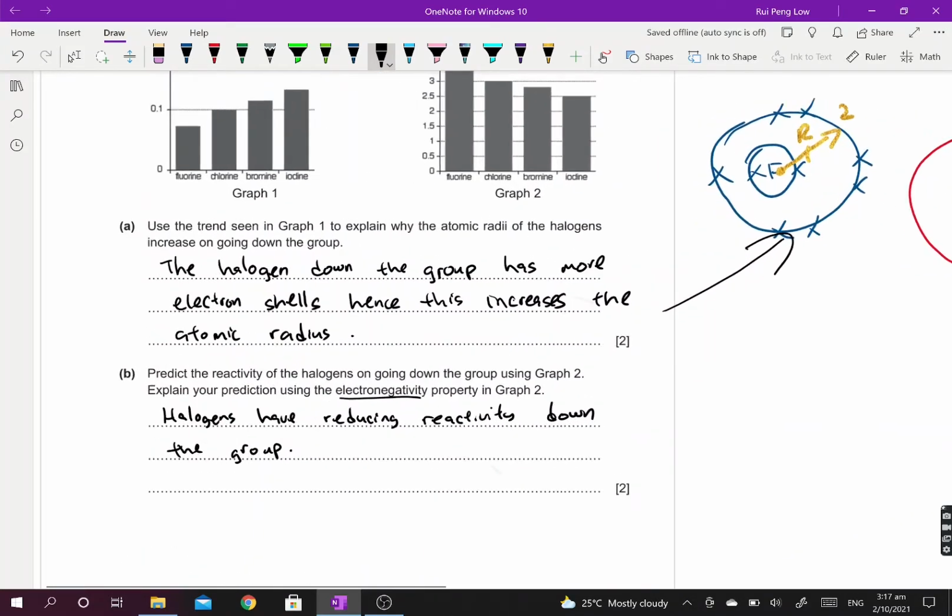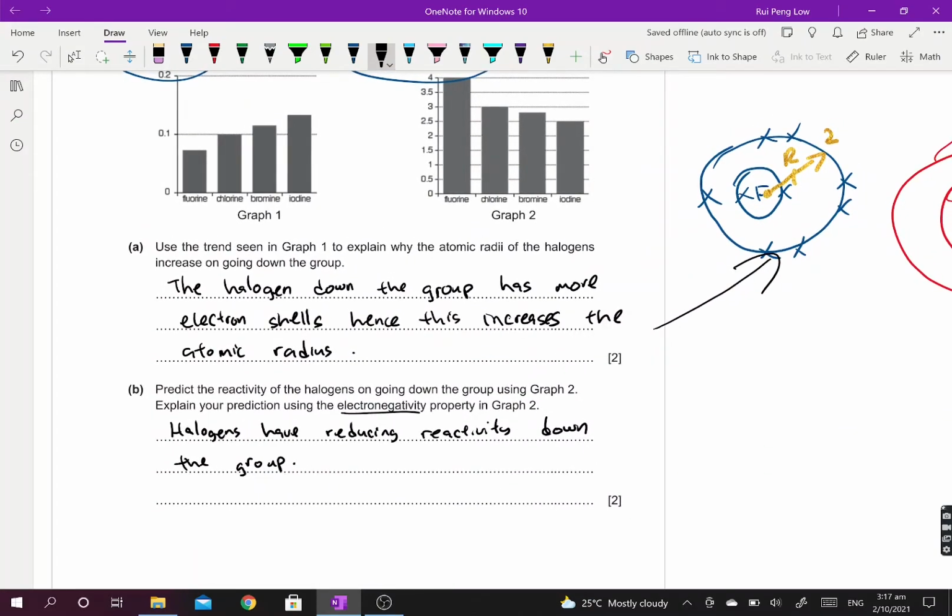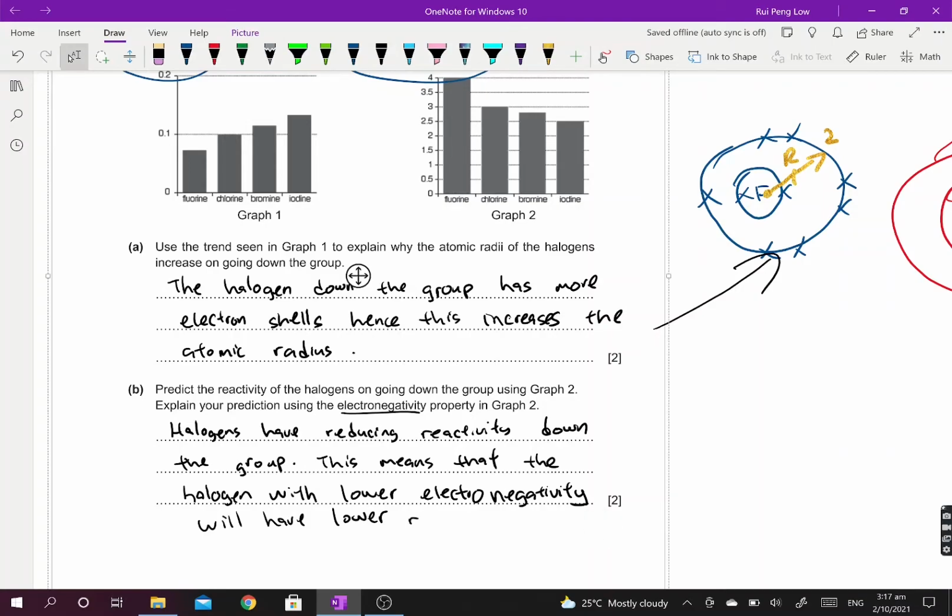So from here, we can see that the halogen with lower electronegativity will have lower reactivity.